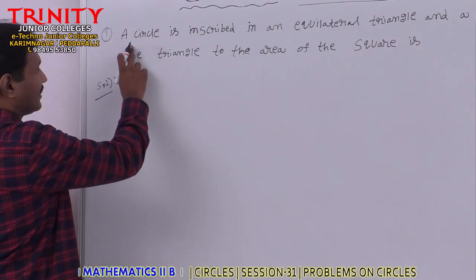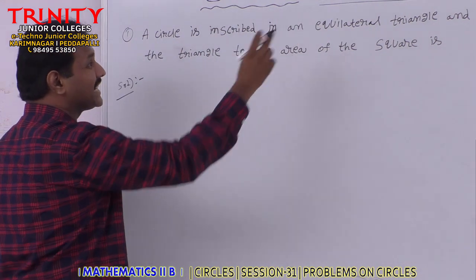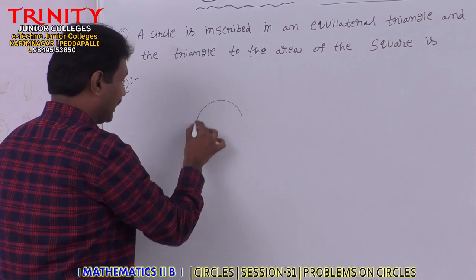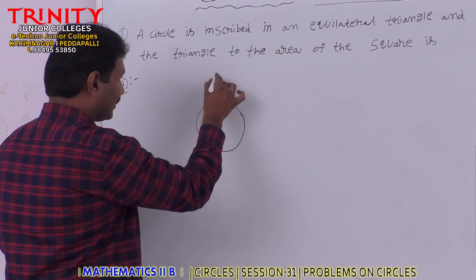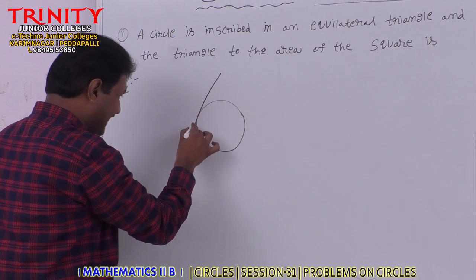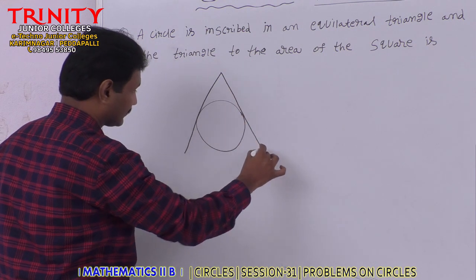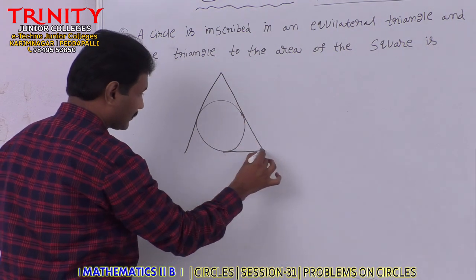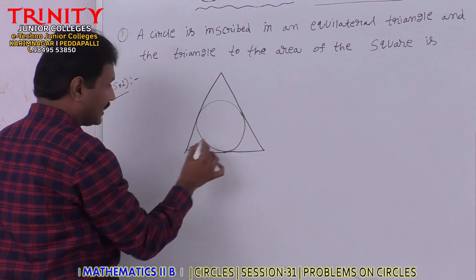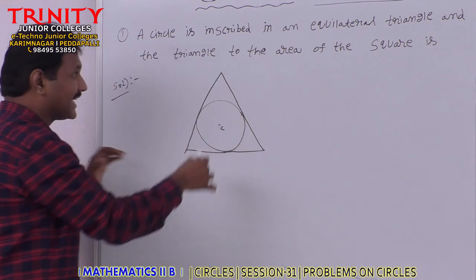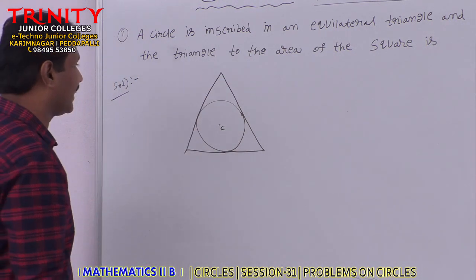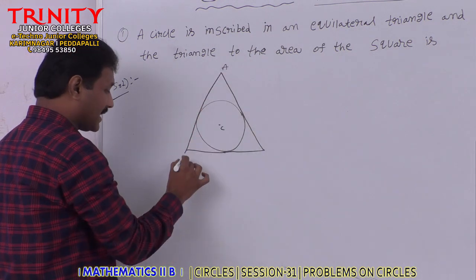Solution. First, a circle is inscribed in an equilateral triangle. First, we draw the circle. The circle is inscribed in the equilateral triangle. This is the center of the circle inscribed in equilateral triangle ABC.